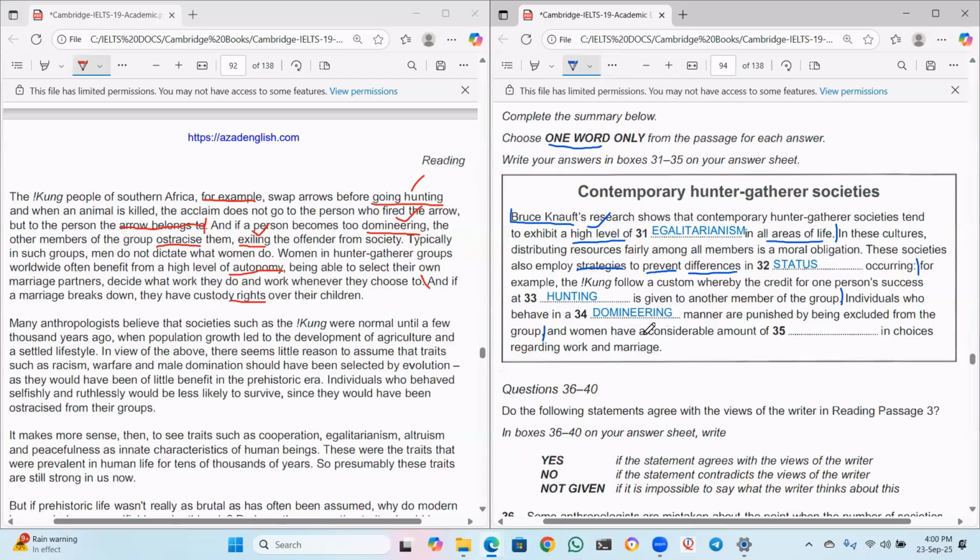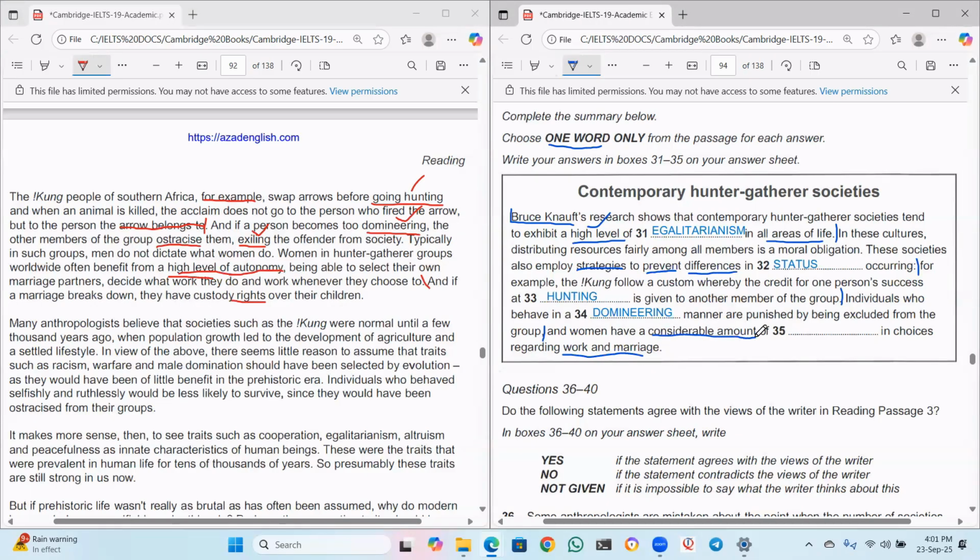Okay, and women have a considerable amount of dash in their choices regarding work and marriage. Okay, now women they have what considerable amount of. So women in these groups worldwide often benefit from a high level of autonomy. He's talking about high level. Look at this synonym, guys. High level of autonomy, high level, considerable amount.